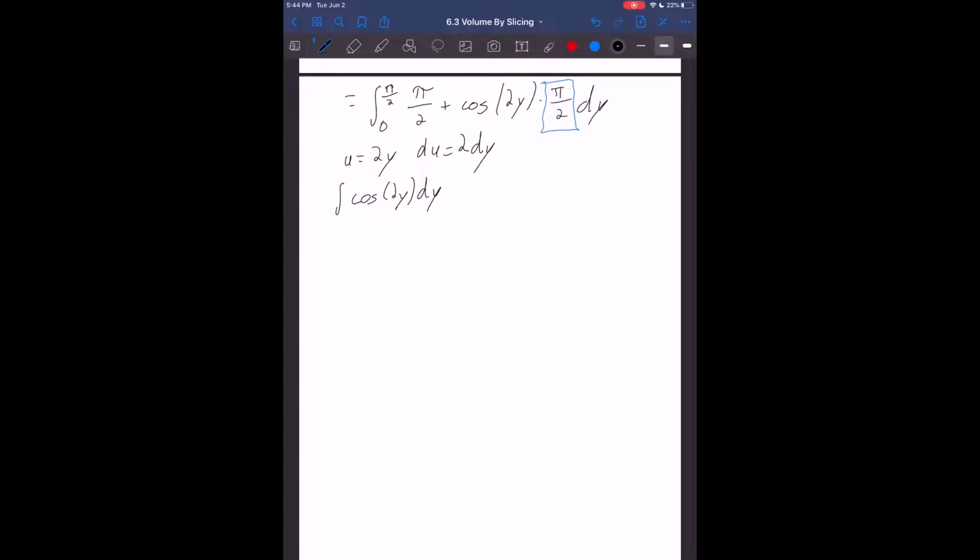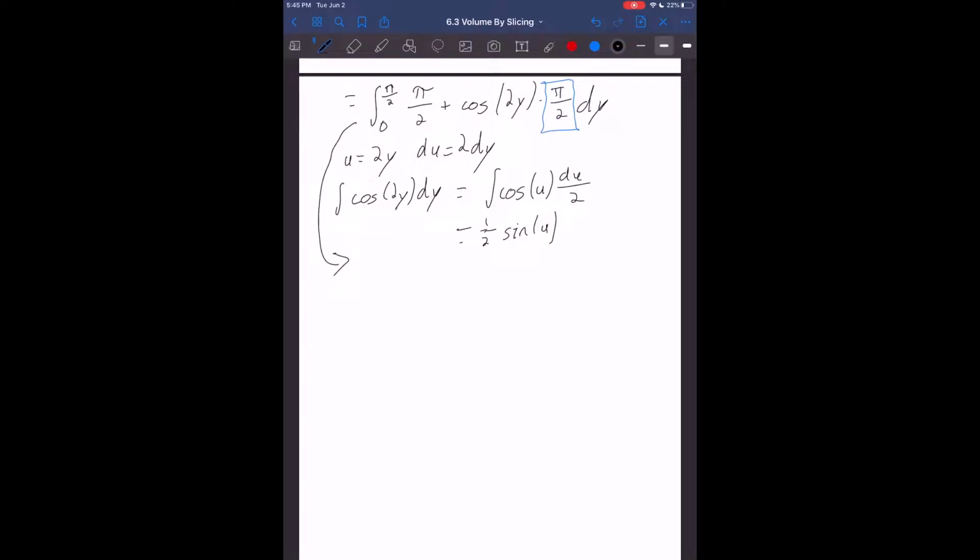Okay, so the integral of cosine of 2y dy, using our u substitution, now becomes cosine of u. dy is going to become du over 2. This is now the integral of 1/2 cosine of u. The integral of cosine is sine, so this is 1/2 sine of u.